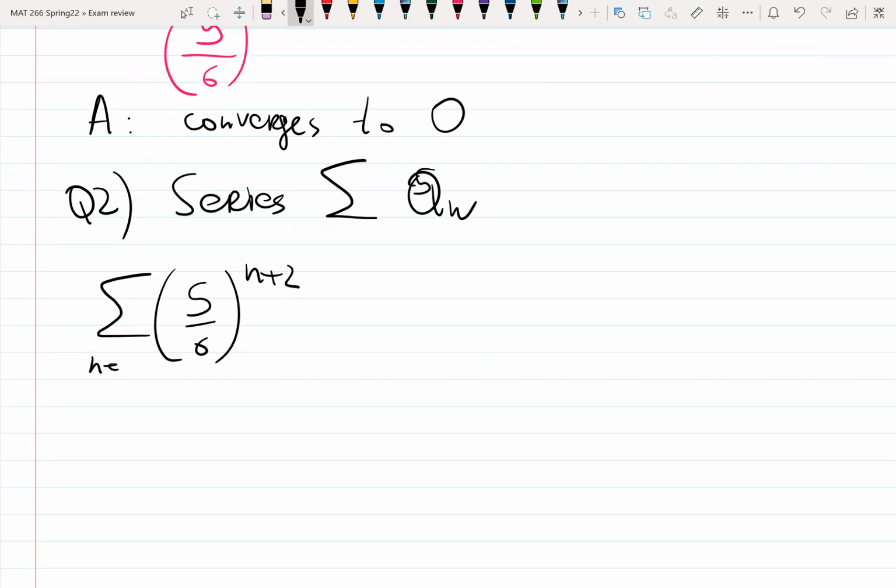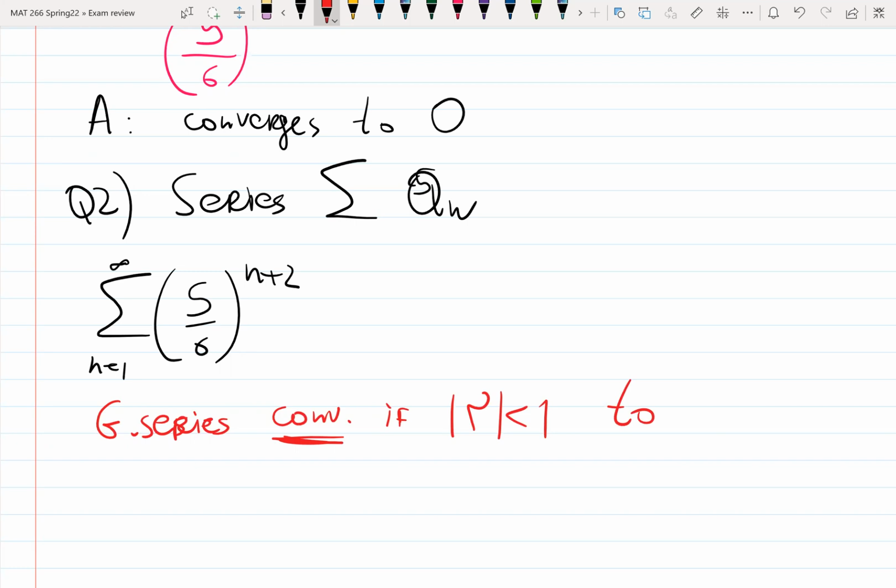We know this from the notes: a geometric series converges if r is less than 1 by absolute value, not equal to 1 anymore. It has to be strictly less than 1.